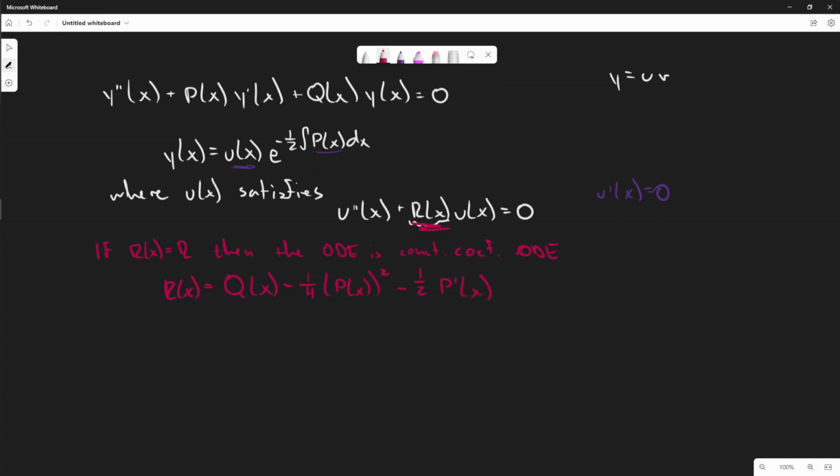And so again, if you plug in the q of x and p of x and its derivative, if that equals 0, then we have this special case where the ODE is a constant coefficient and we can just solve it regularly.